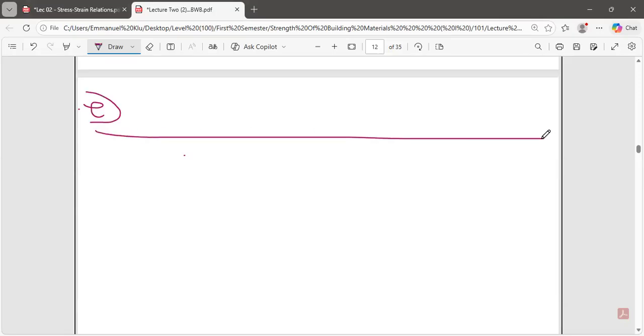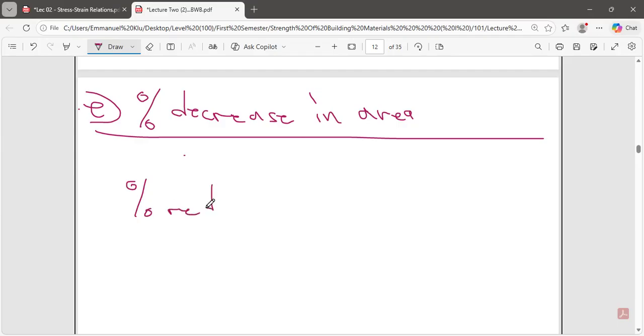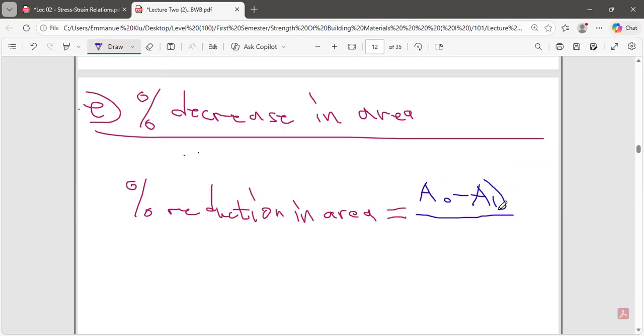The percentage decrease in area, or let me say the percentage reduction in area, is equal to our original area minus the area at fracture, that is the A1, all over the original area times 100.